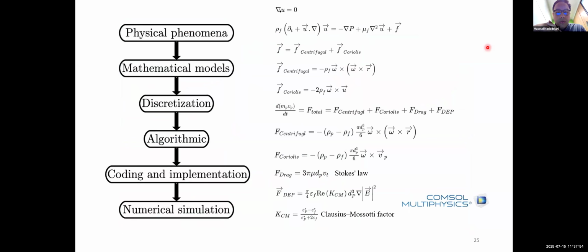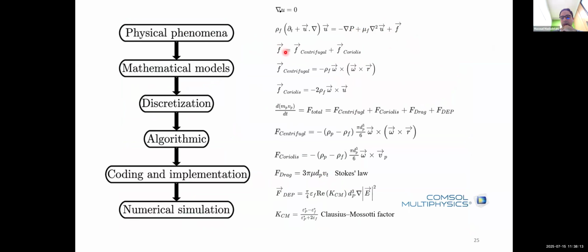Again, we need to find our governing equations to have this modeling. You can see them all here. The first one, this equation is Navier-Stokes equation, right? The first one is continuity.